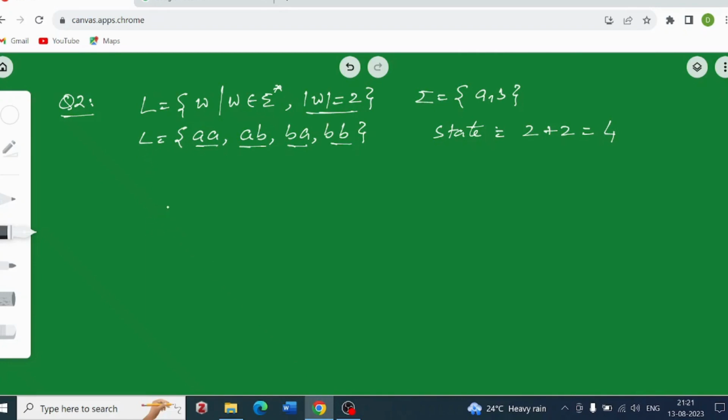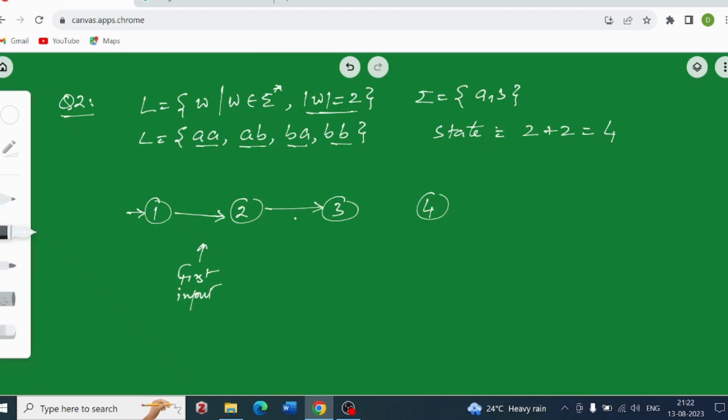So let's draw the state transition diagram for this question. This is my first state, which would be the initial state also. This is state number 2. It's the third state, and it's the fourth state. This arrow, that is, a transition from state number 1 to state number 2, is representing the first input symbol.